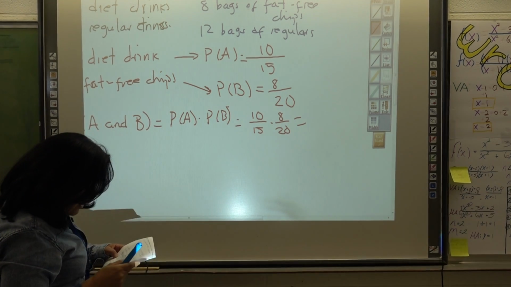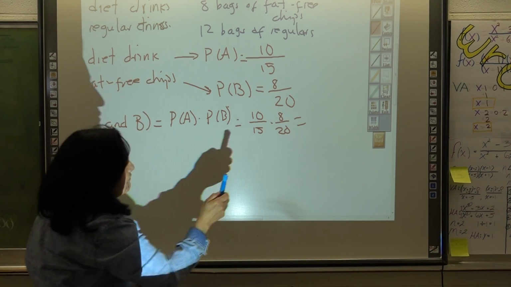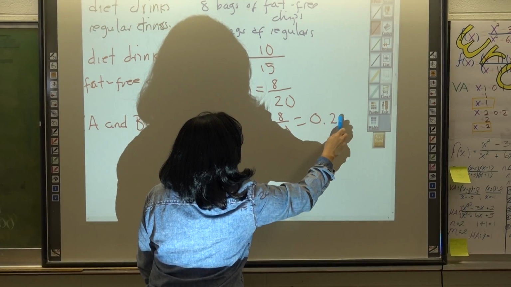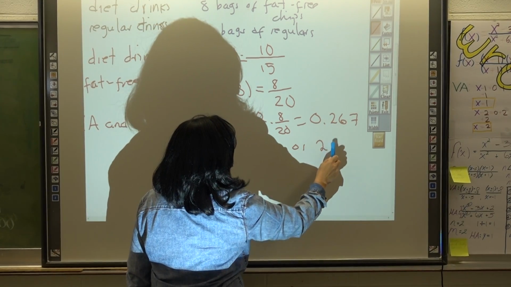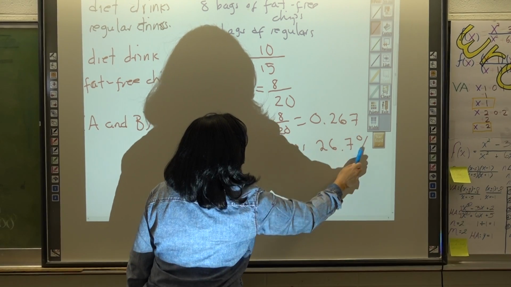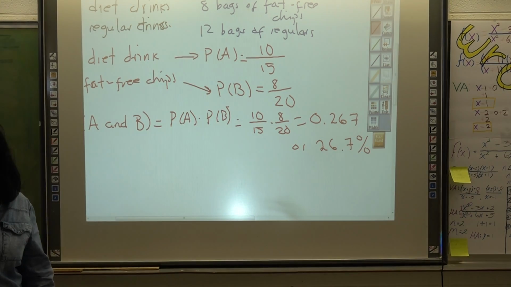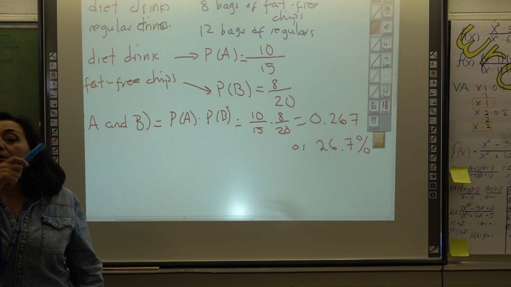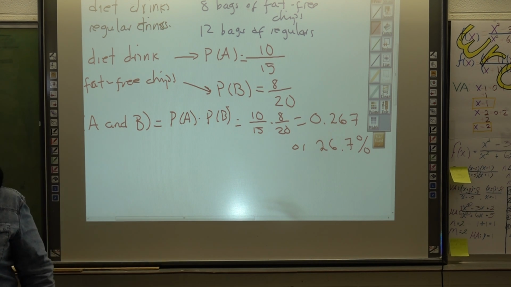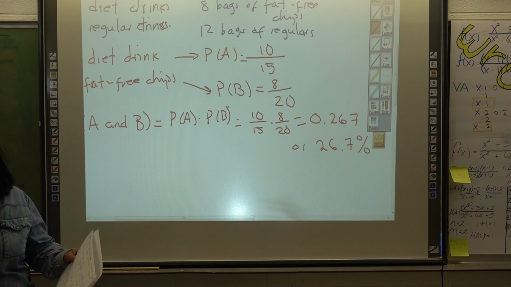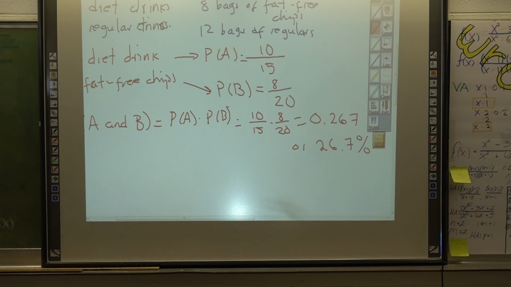The answer is 0.267. That's a decimal, or 26.7%. Don't forget that to put percent, you move the point to the right 2 times, yes. So that's the answer. Are there any questions so far? No? Let me restart this, because that's going to take like 3 days to put it. Okay, hold on.